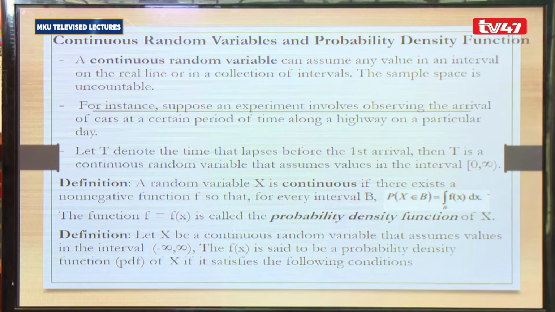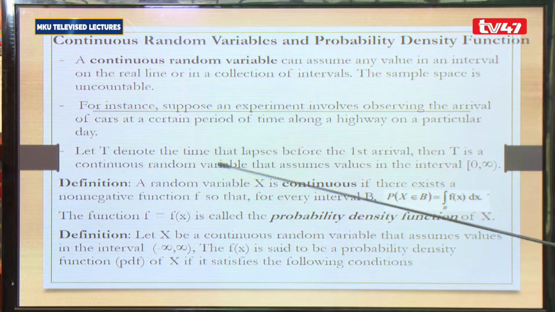They give us the corresponding probabilities of a given random variable for the case where the observed random variable is in an interval, that is, it is continuous. So these continuous random variables can assume any value in an interval or a real line or in a collection of intervals. So you can have different intervals being given for a different set of observations in Y.